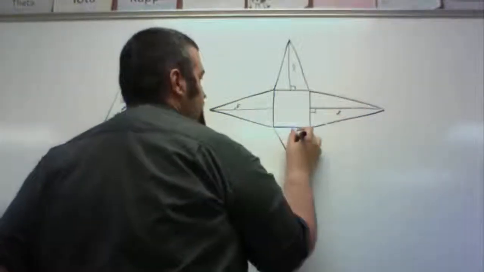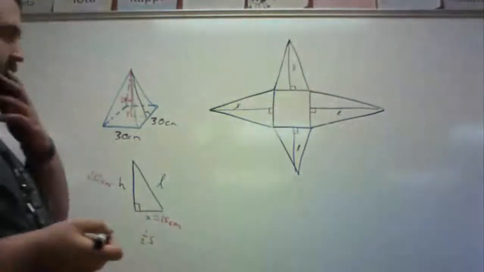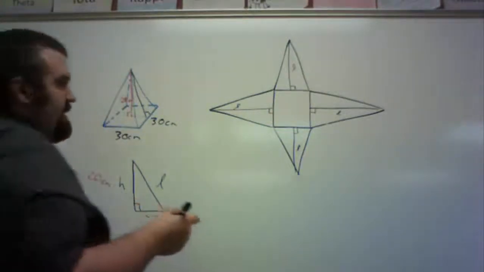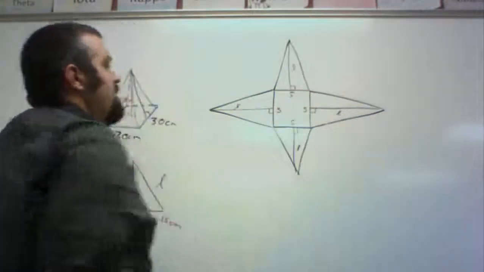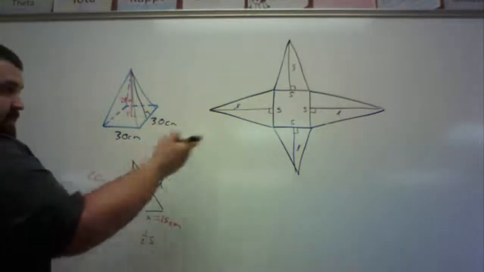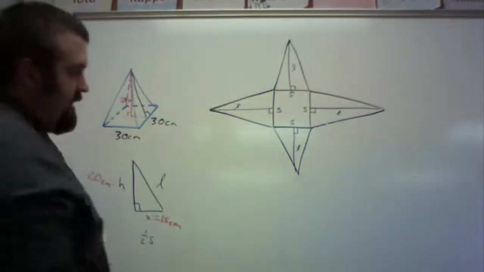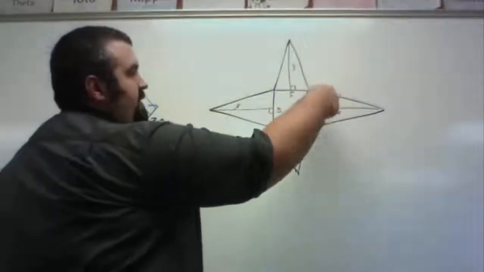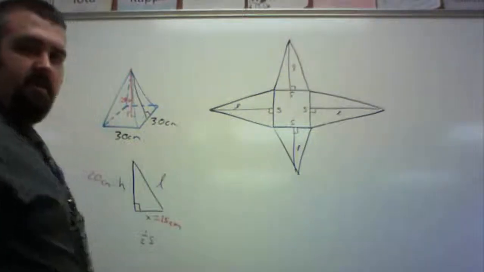This here is L. So each of those triangles, I know the slant height. And then this here is the side of my square. So if I know the side length, 30, and I know L, I think I'm going to be able to solve this, because this is the area of a triangle, area of a triangle, area of a triangle, area of a triangle. That's just the area of a square.